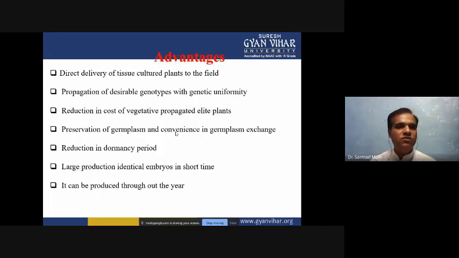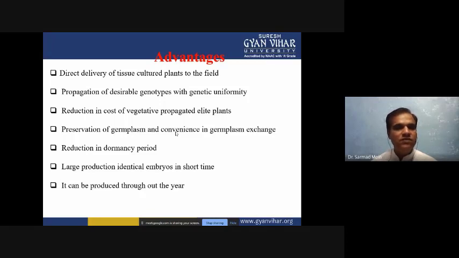Then, propagation of a desirable genotype with genetic uniformity. We know that somatic embryos are clones of single cells, and a single cell can produce a large number of embryos, and these encapsulated embryos have the same genotype and genetic uniformity.